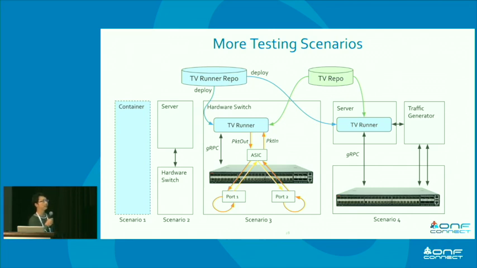I think that satisfies some basic data plane testing scenarios, but for more advanced scenarios like high-speed packet generation, we will need external traffic generators. So in this scenario, the traffic generators will be connected to the switch, and we will need to find a way to translate what we specify in test vectors to what the traffic generator can understand.